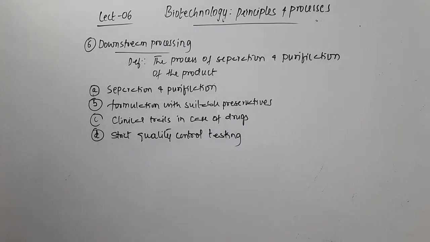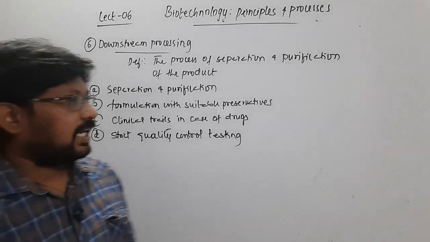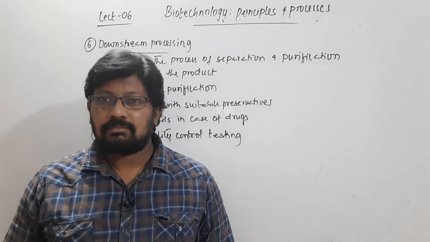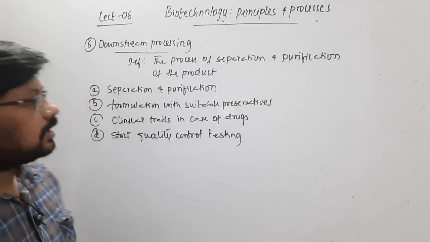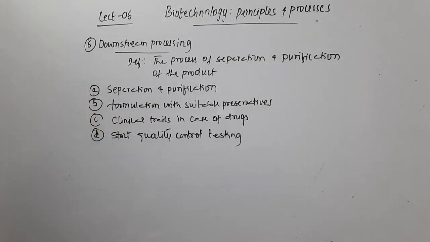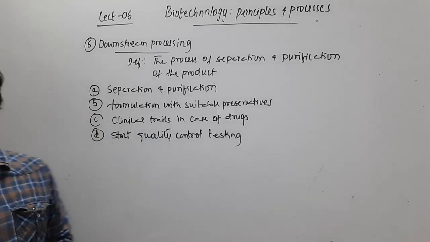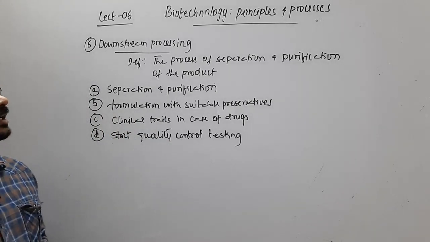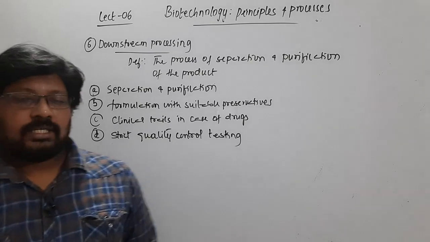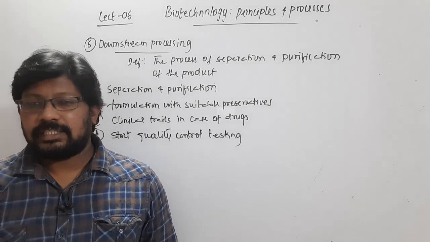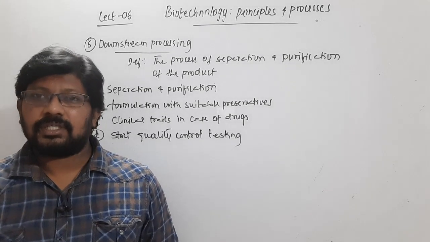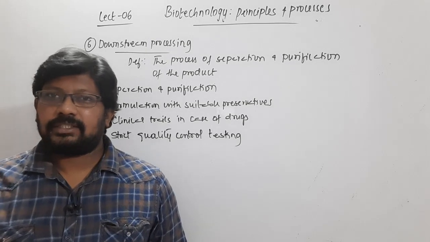Once this is finished, the product can be released into the market. So this is all about biotechnology principles and processes. With this we have completed this chapter. In the next session we'll see the next chapter, biotechnology and its applications.